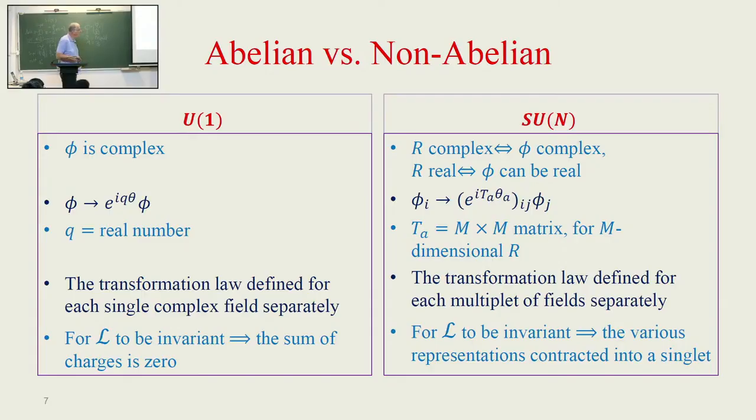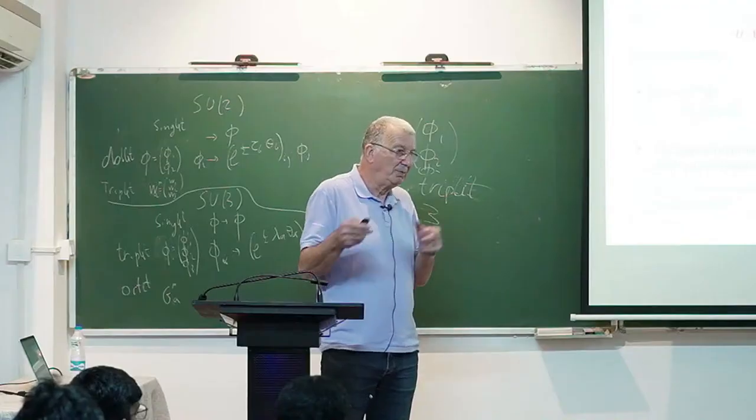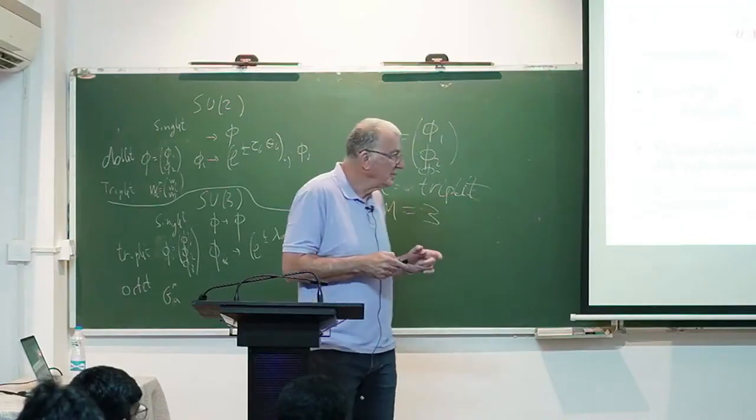The transformation law is defined for each doublet, each triplet separately. And for L to be invariant, the various representations of the fields that appear in a term, let's say 3 times 3 bar if you have 2 fields, or 3 times 3 times 3 if you have 3 fields, must have in it the possibility of a singlet. That this product does not transform at all under the symmetry transformation. Each of the fields does, but the product of them does not.